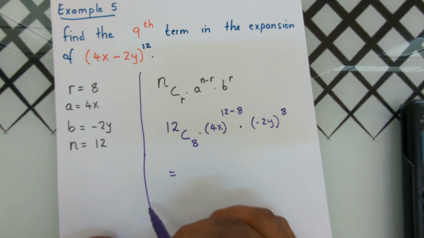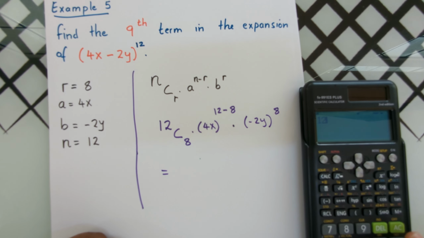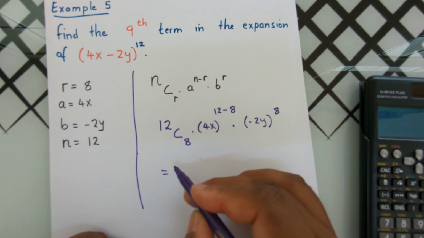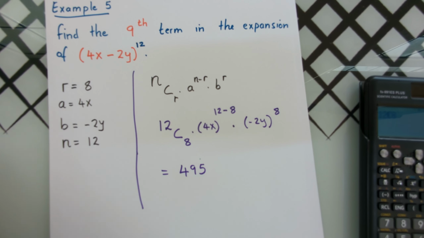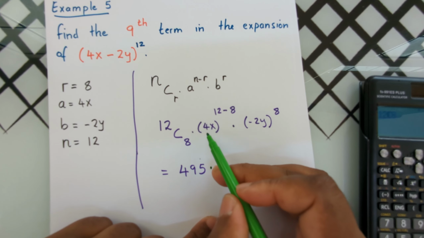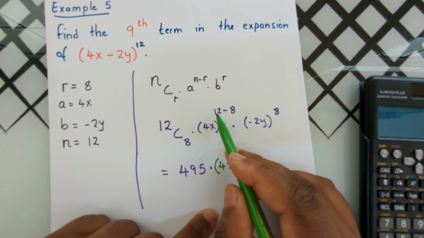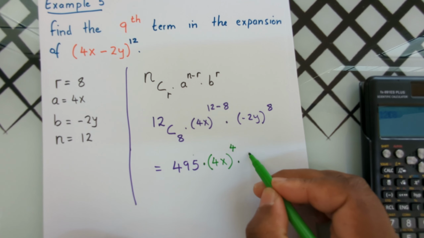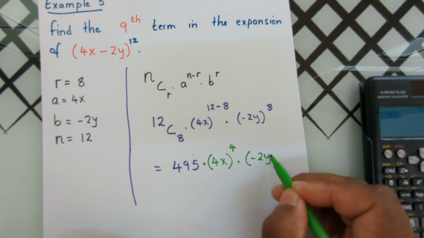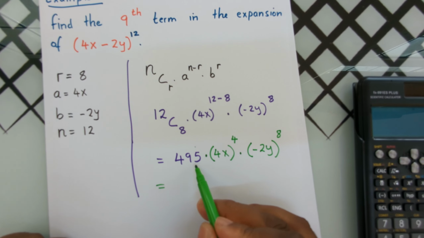Now simplifying this, let's go to our calculator. 12 choose 8 is 495. So this is 495 being multiplied by 4x raised to the power of 12 minus 8, that's 4, being multiplied by negative 2y to the power 8. Now let's simplify this part here.